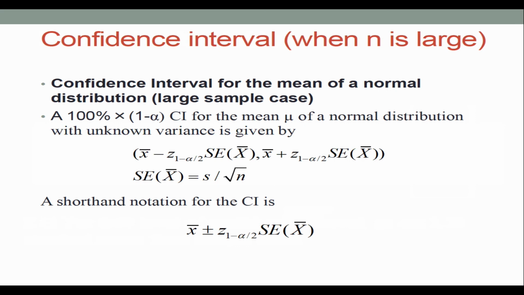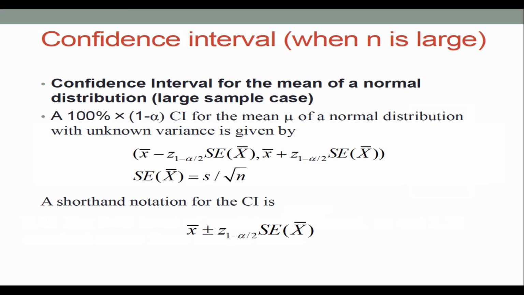So here's the summary of how to construct a confidence interval for the population mean. The 100% times 1 minus alpha confidence interval for the population mean mu of a normal distribution with unknown variance is given by this formula. You start from the sample mean plus or minus a quantity.